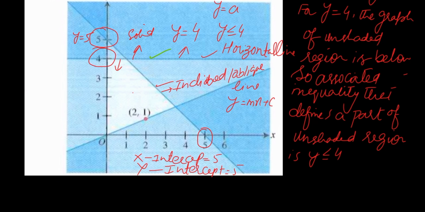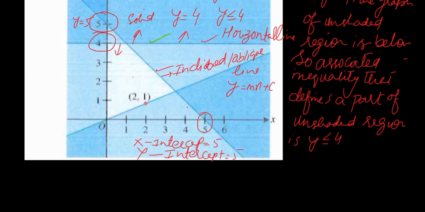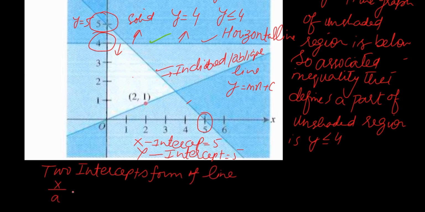So to write the equation of this line, we can use the two intercept form of a line. Do you know what the two intercept form of a line is? The two intercept form of a line is x over a plus y over b is equal to 1.